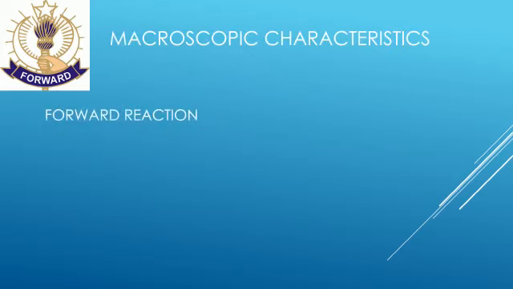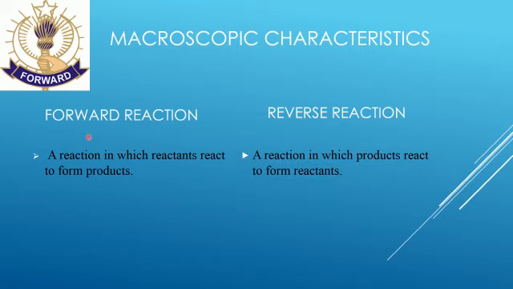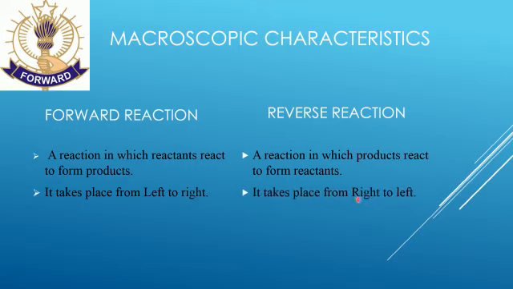Now we will discuss the macroscopic properties of both reverse and forward reactions. As the name shows, forward reaction is one in which the reactants react to form the product, while reverse is a chemical reaction in which the products react together and form the reactants again. Second point is forward reaction always takes place from left to right, while reverse reaction takes place from right to left.